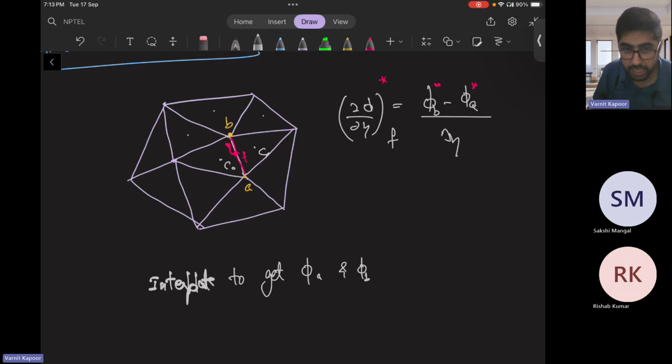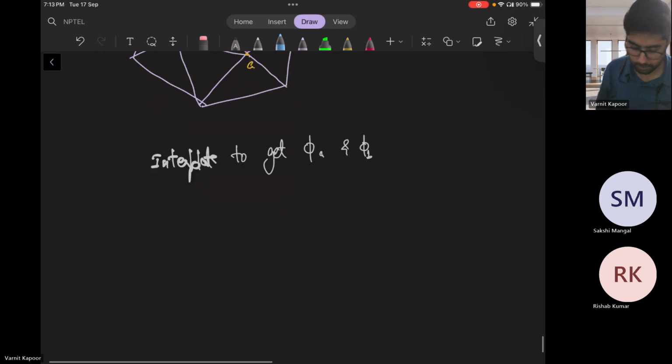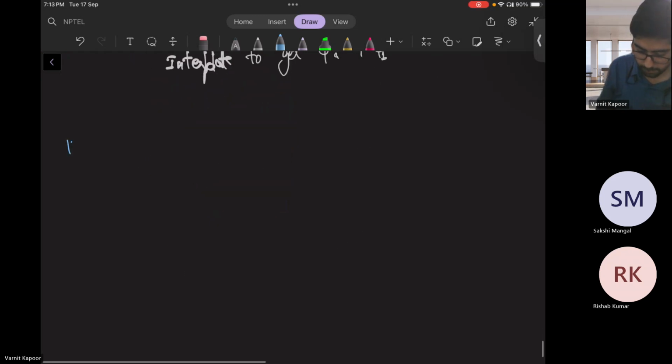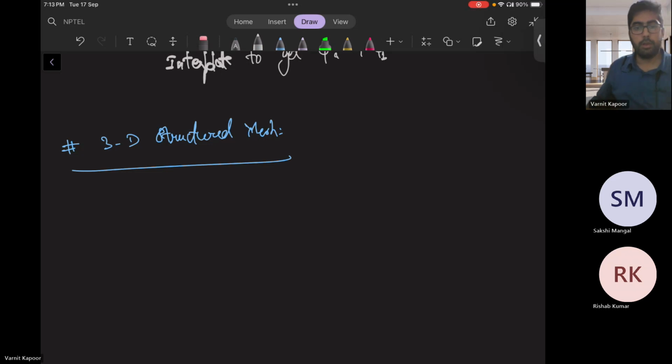And similarly, if you go for the 3D structured meshes, how it will be something kind of tetragonal geometry you can make. So just give me a minute, guys.